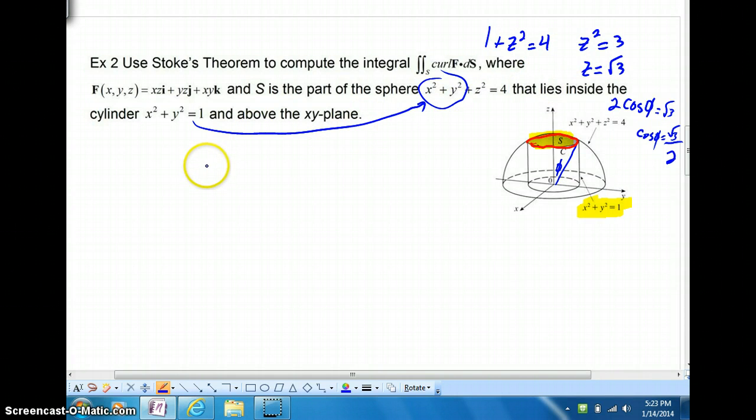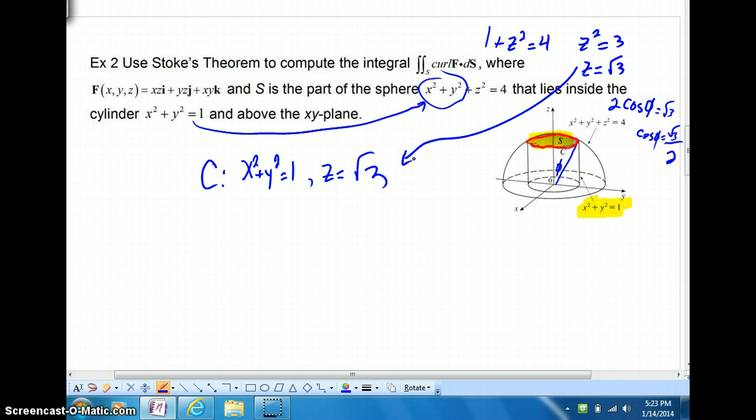So what about our curve C? Well, our curve C would be x squared plus y squared equals 1. And additionally, we would say that z would be fixed at radical 3, as we had done some work up above. Now, Stokes' theorem says that we can work this problem out realizing that the flux of the curl of F is really equivalent to a line integral.